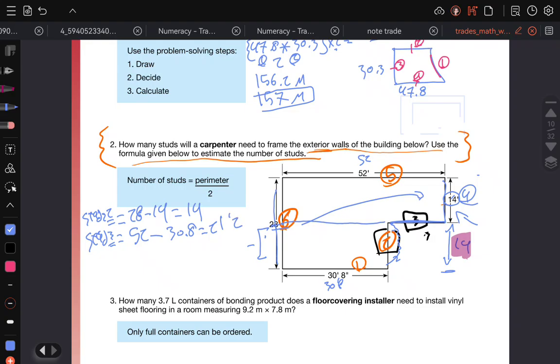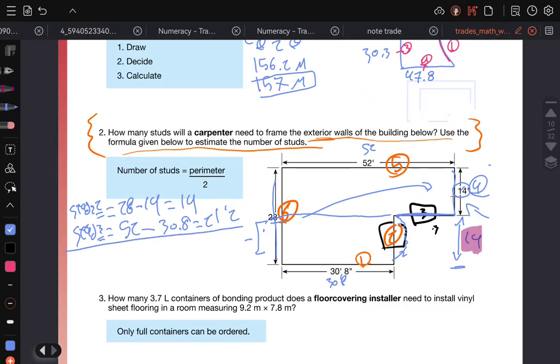So now we do have stud number 2 and we do have stud number 3. Now we can just add them together and use the formula here. This is the formula that we need to use. Let's not forget it.